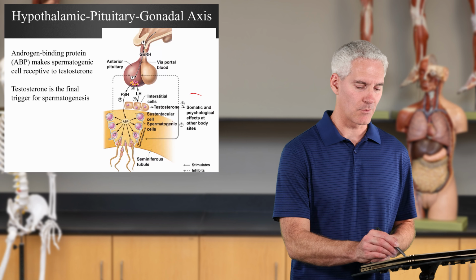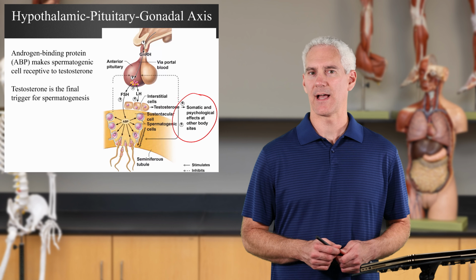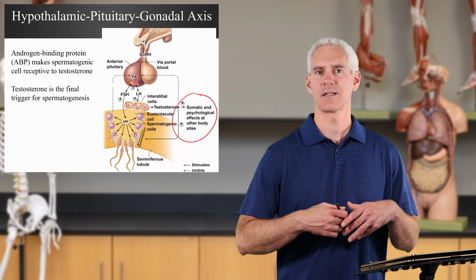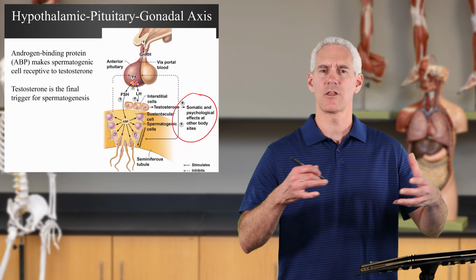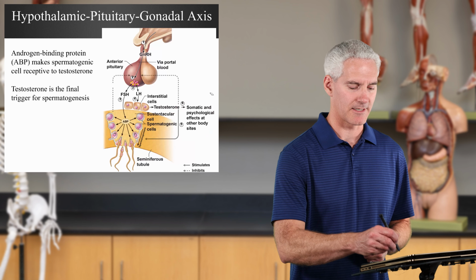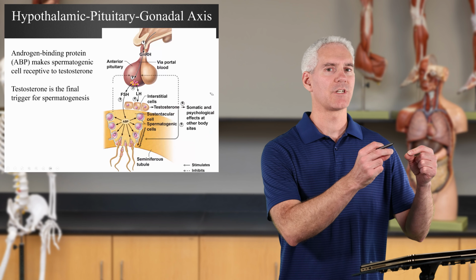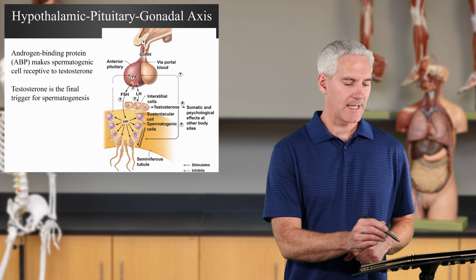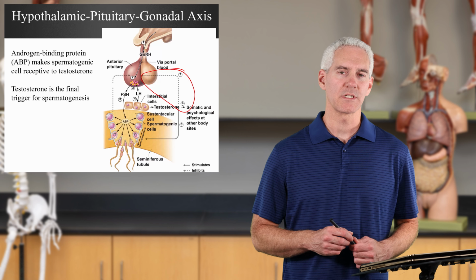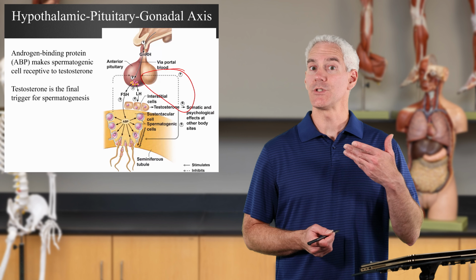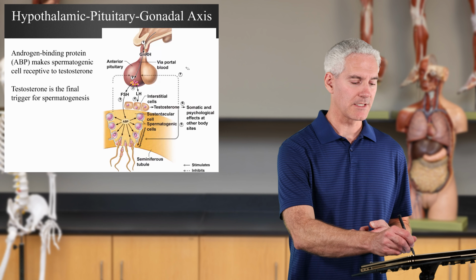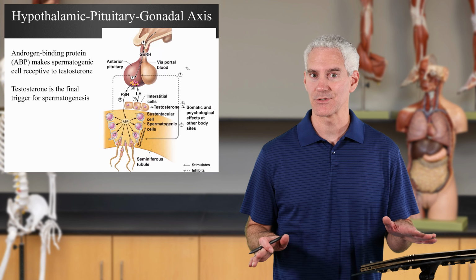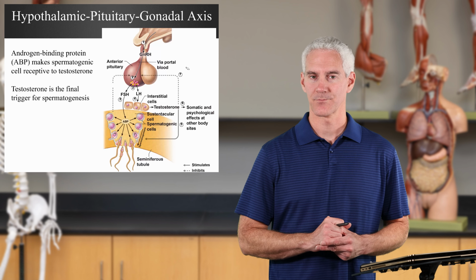It also heads out to cause other physiological effects throughout the body. It has impacts in muscular development, in neural development. There are many other systems in the body that are impacted. But that's just the start. There are also feedback loops. You're going to have negative feedback coming from testosterone. Too much testosterone is going to go back up to the anterior pituitary and say, hey, there's enough testosterone, cut down production.